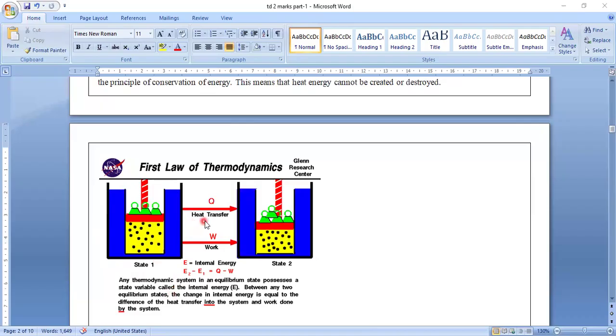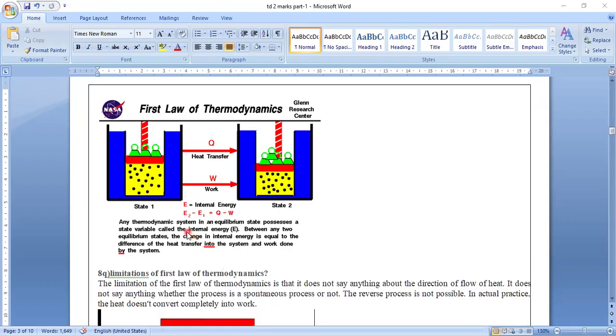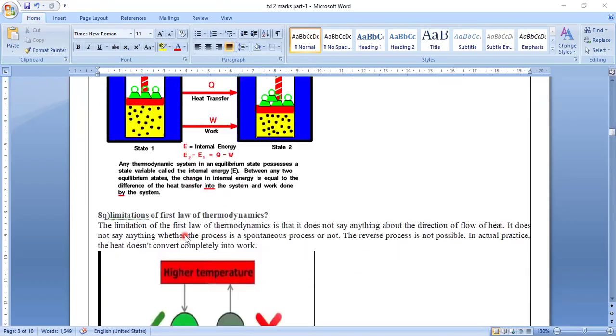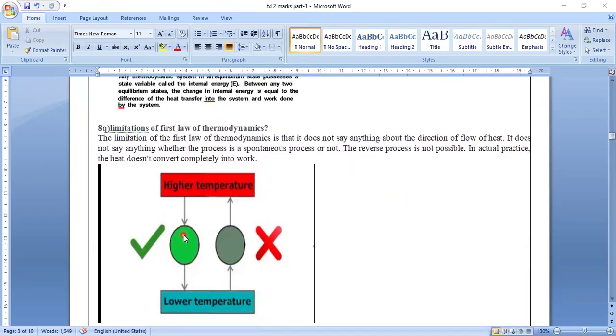So the heat you are giving is developed in the form of internal energy E plus work: Q is equal to E plus W, so internal energy E is equal to heat minus work. This was told by the first law of thermodynamics.